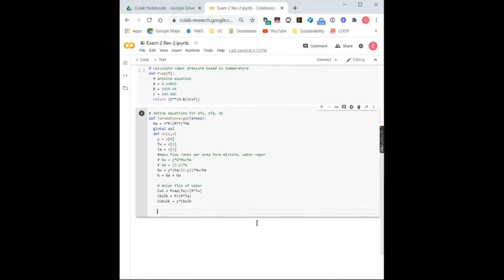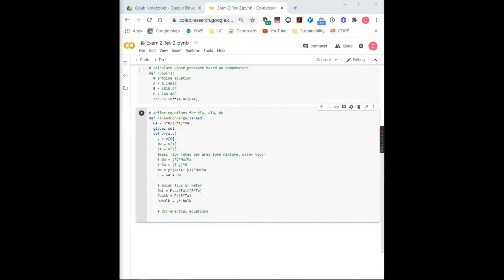So once we have these different variables defined, we can now write out our differential equations to solve for the temperature of the water. And these were derived in the previous section.